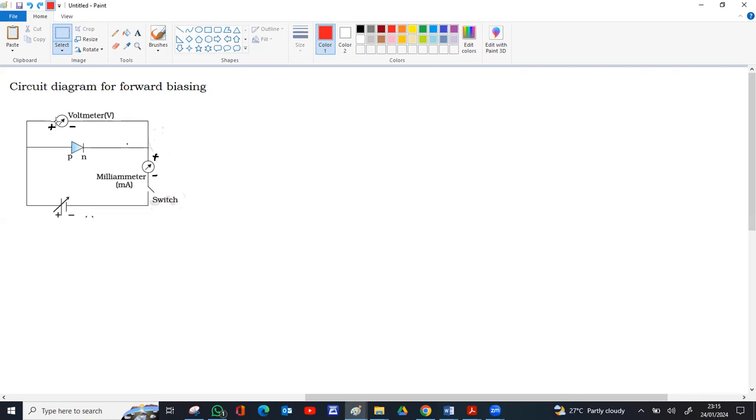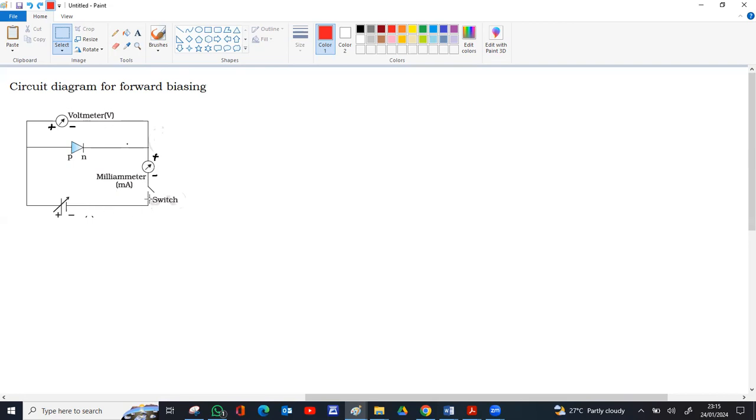The positive terminal of the voltmeter has to be connected to the terminal where the positive of the cell is connected to the diode, and the negative terminal of the voltmeter has to be connected to the region where the connection from the negative of the cell is coming. In between devices don't matter, but with respect to the cell, the negative of the voltmeter should be connected to the negative of the cell.